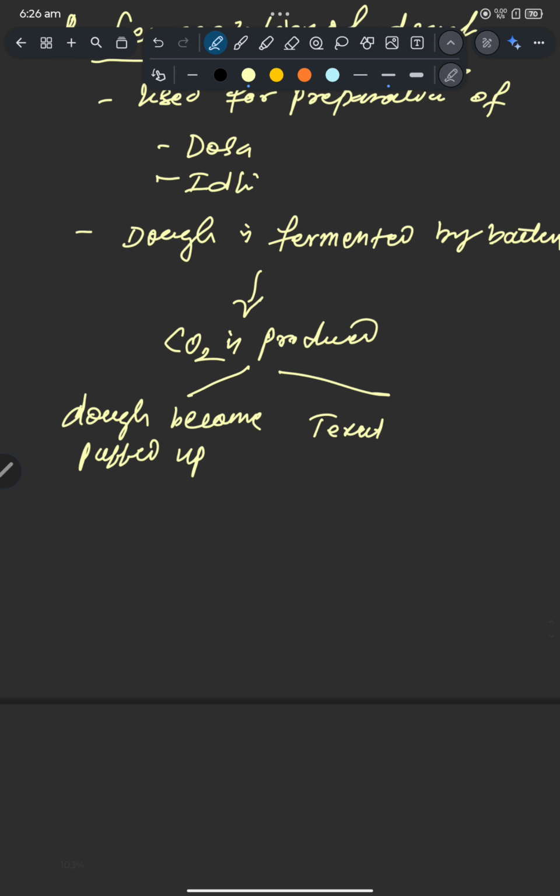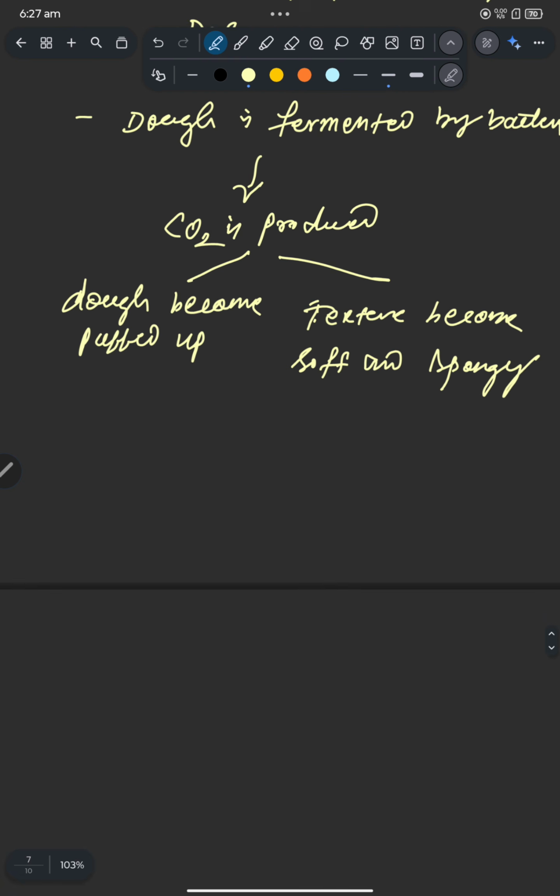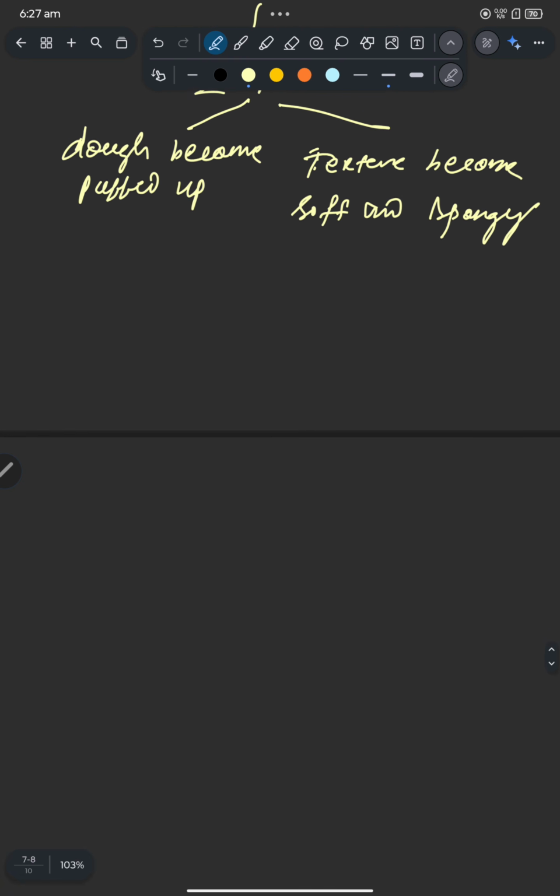So this puffed up appearance of dough is due to release of carbon dioxide during fermentation. This is very, very important.